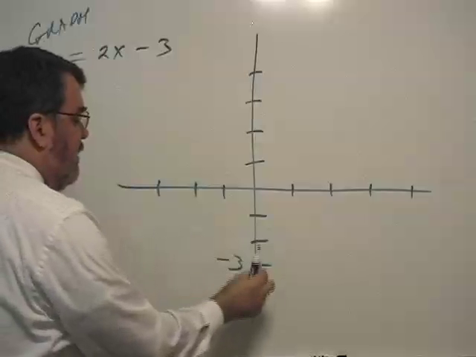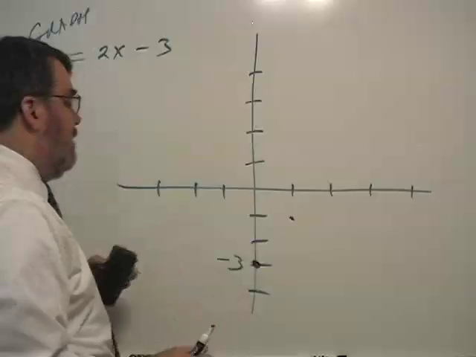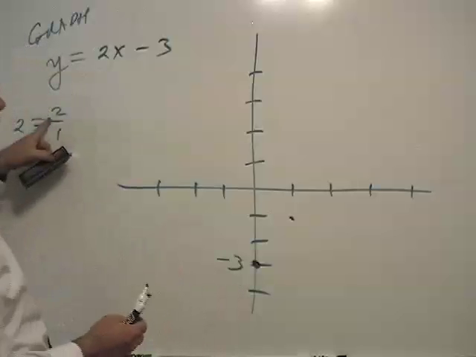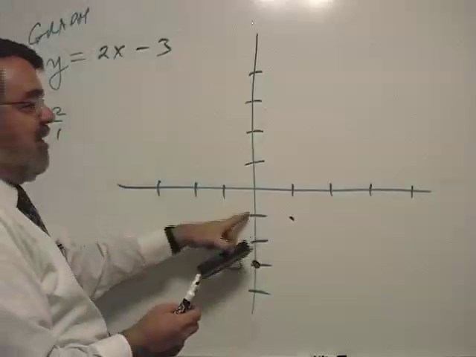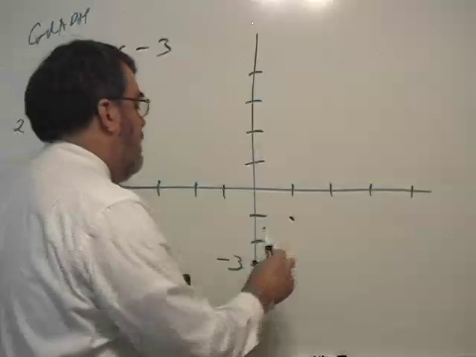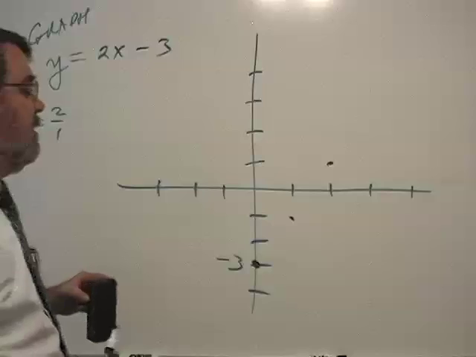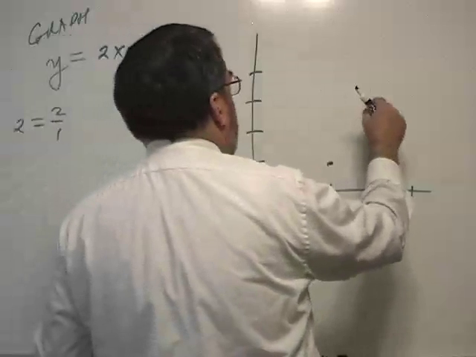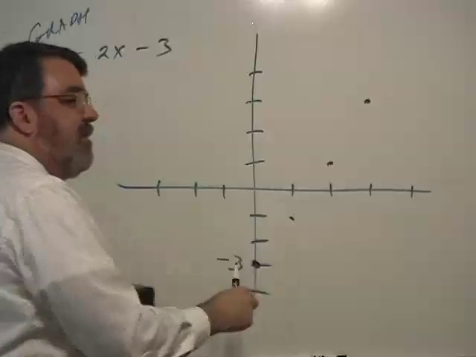By going up 2 units and right 1 unit, I can form a new point, because the change in y is 2 units, that's positive, so I go up, and then 1 unit to the right on the run. If I go up 2 over 1 again, there's another point. I can generate these points all day long, and they move up in a stair-step fashion.